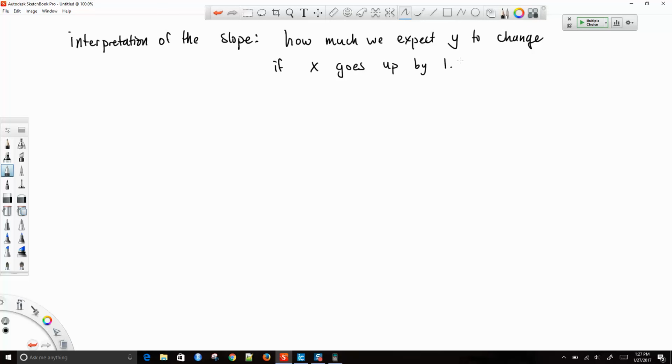Okay? And obviously if x goes up by 100, we expect y to change by 100 times the slope. Okay? And so that's what we can say as far as the interpretation of the slope.